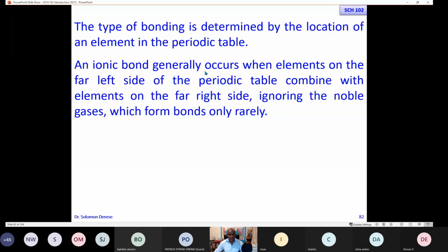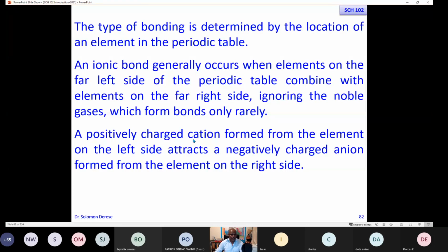An ionic bond generally occurs when elements on the far left side of the periodic table, the group 1A elements, combine with elements on the far right side, ignoring the noble gases, which form bonds rarely. So that's how ionic bonding is formed.